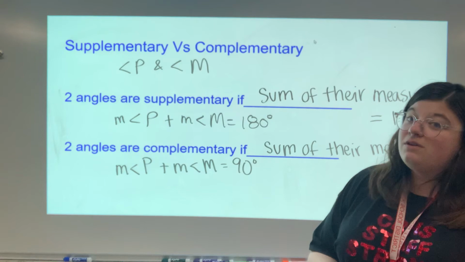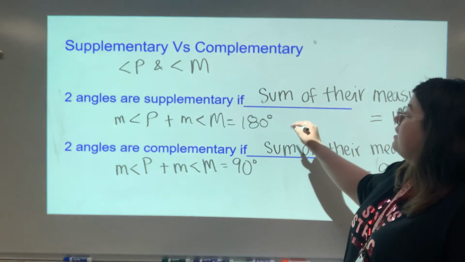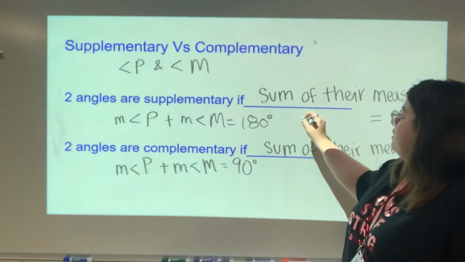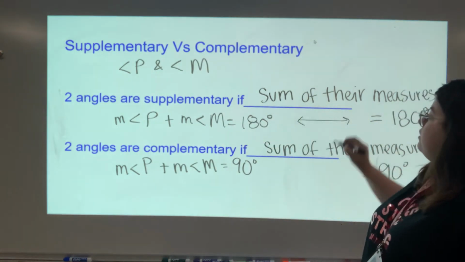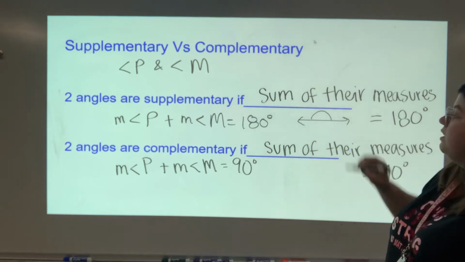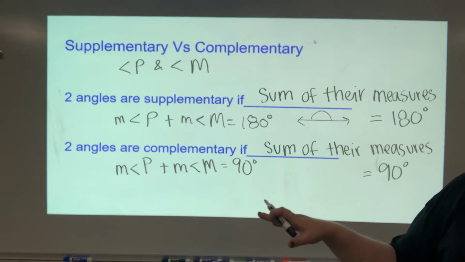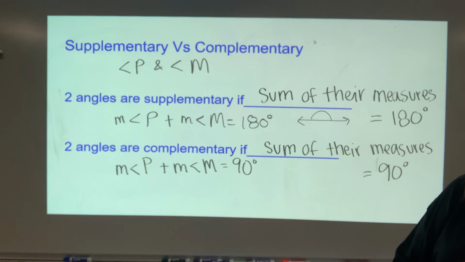After you had a lot of food, you got to go lie down and just rest. Am I right? After Thanksgiving? So if you're lying down, you could be considered a straight angle, which we know measures 90 degrees, or excuse me, 180 degrees, all right? So if you've just had supper, you're laying down, you're at 180 degrees, supplementary angles.